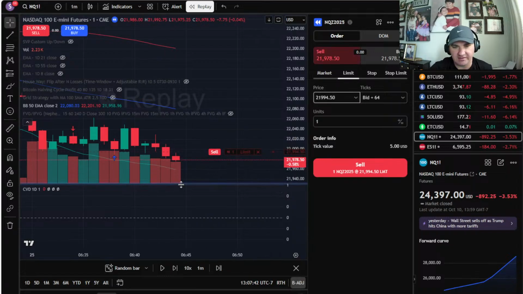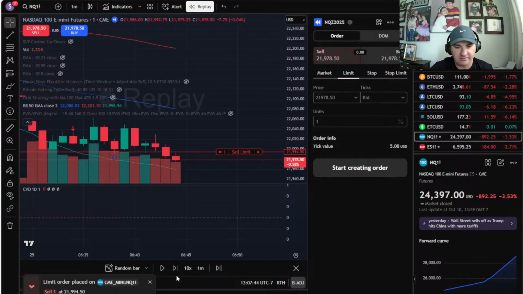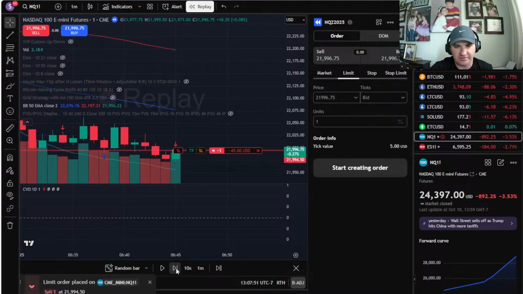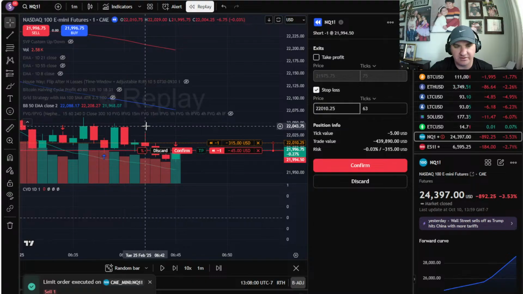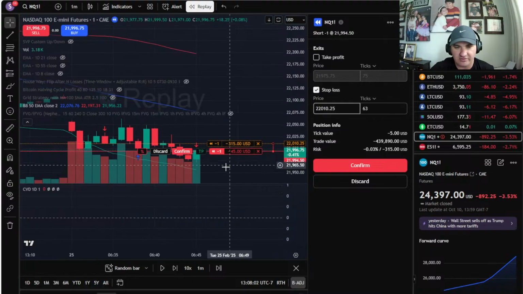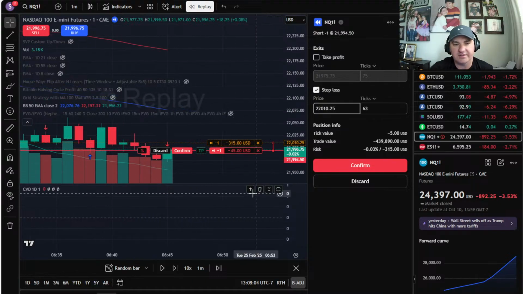I'm not a big fan of these small ones, but let's see if it puts us in. Okay. So we don't see any respect, so we're gonna put the stop loss here. You could go as far as there, but I like the smaller stop. So I go there.